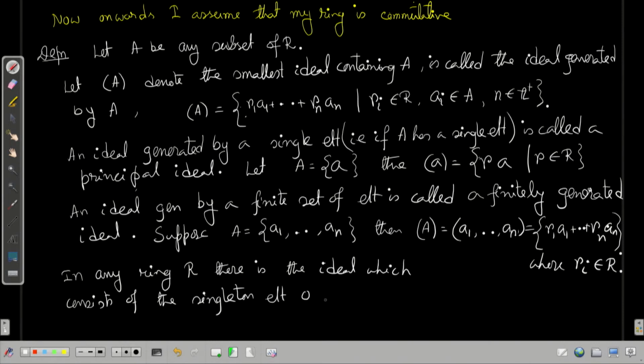That means, the ideal generated by 0, denoted by this notation. So, we have by default in any ring this ideal which is generated by 0, that is having only one element, and that is known as the 0 ideal.